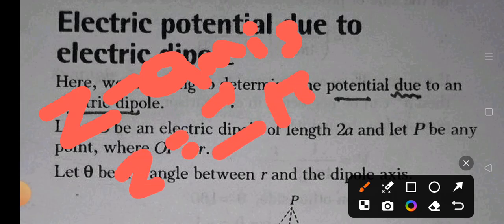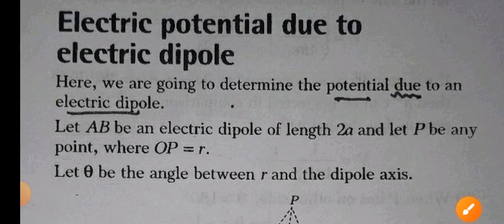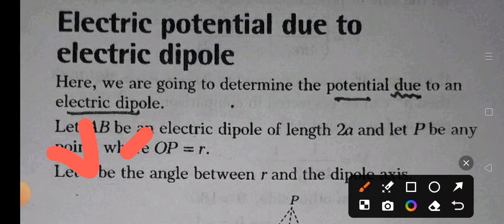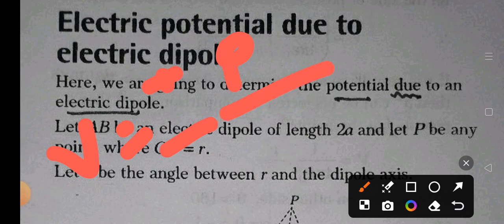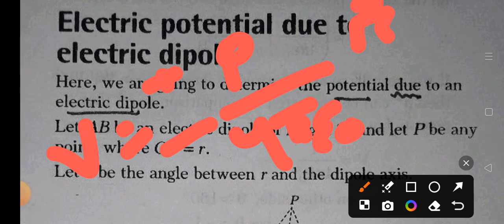Positive sign is to be taken for a point situated on the side of A and negative sign for a point situated on the side of B. So the potential is plus minus p upon 4 pi epsilon naught, r vector upon r cube. This is case 1, a point lying on the axial line.